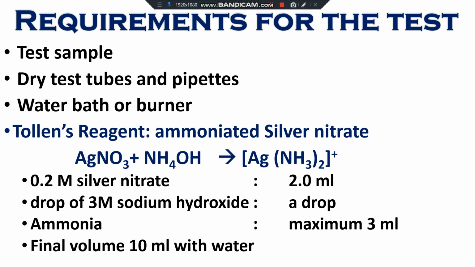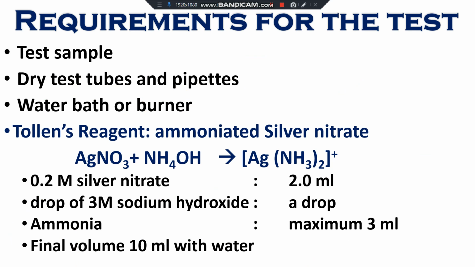In this test we require test sample, dry and clean test tubes, pipette, water bath or burner. A burner is not necessarily required, but if the reaction does not give a positive test efficiently, you can mild heat it so that you will get the positive result. Then we require Tollens reagent.